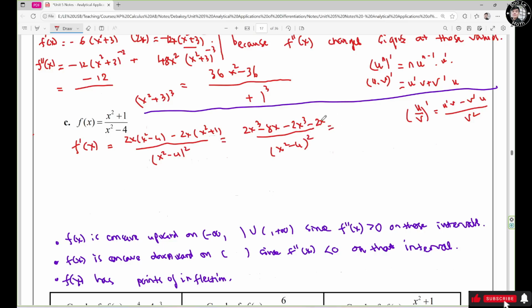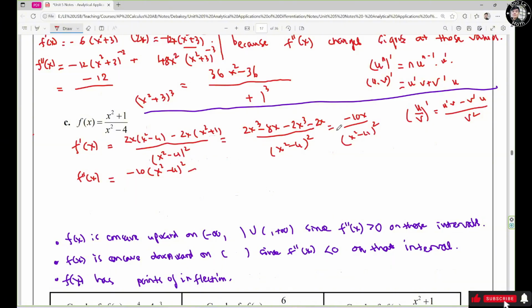The numerator becomes negative 10s over (s squared minus 4) altogether squared, right? Now the second derivative is going to be the quotient rule again, right? So it could be negative 10 times (s squared minus 4) altogether squared, right?